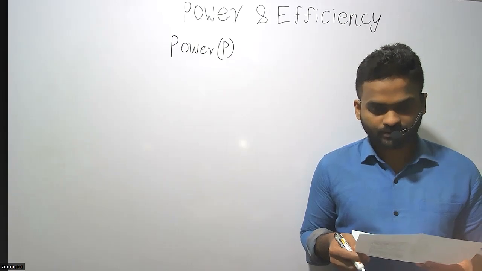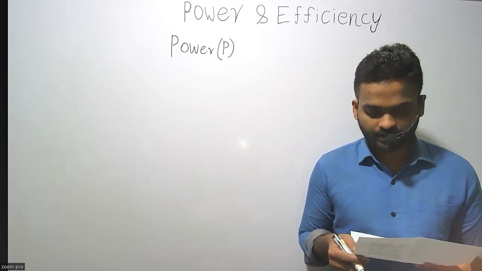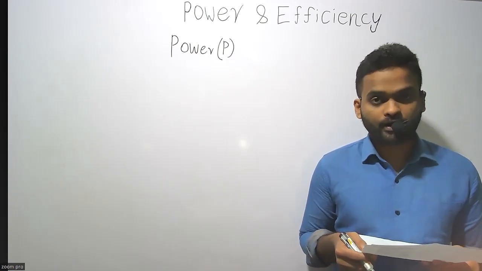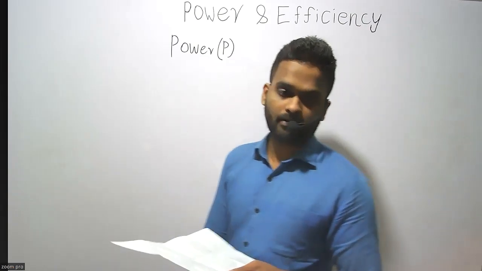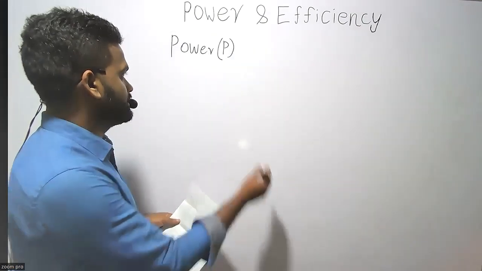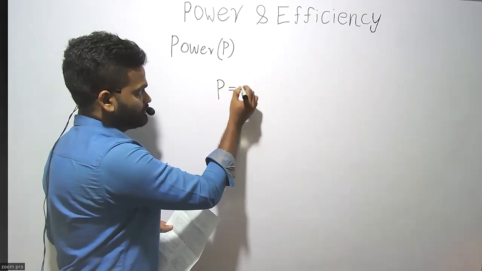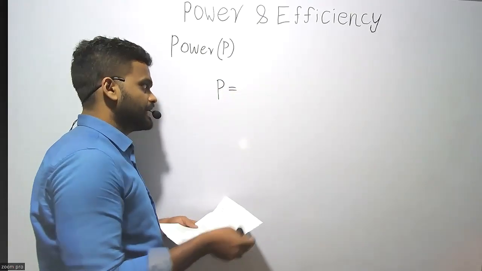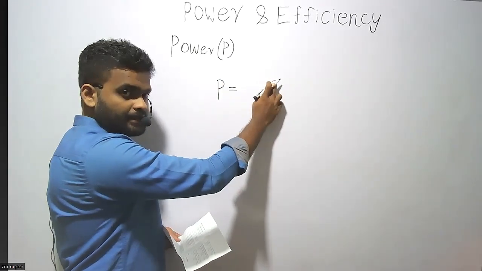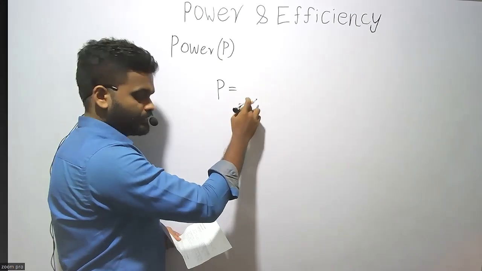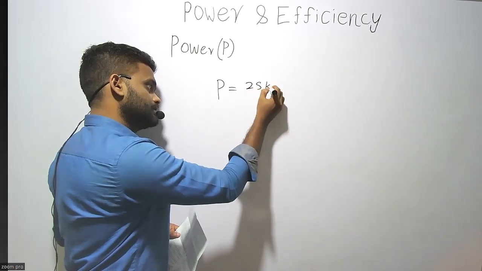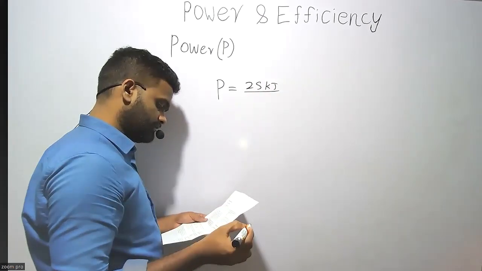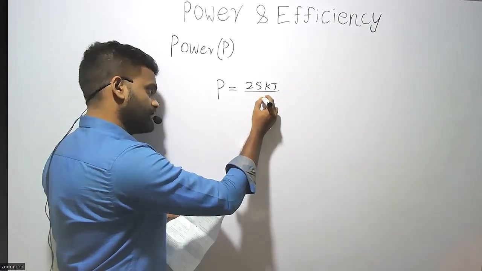Right. So the first question: a heater generates a heat quantity of 25 kilojoules within 20 seconds. Find its power. You just have to apply this equation. P equals, here actually it is energy gained, divided by time. So the energy gained is 25 kilojoules divided by time. The time is 20 seconds, right?